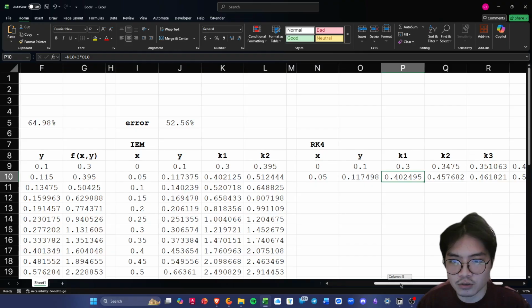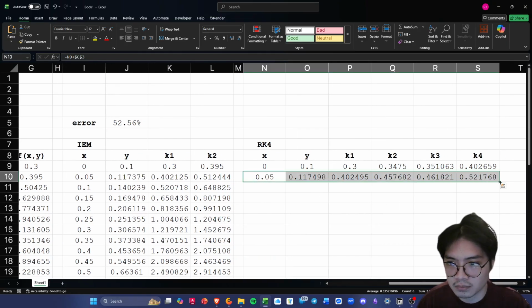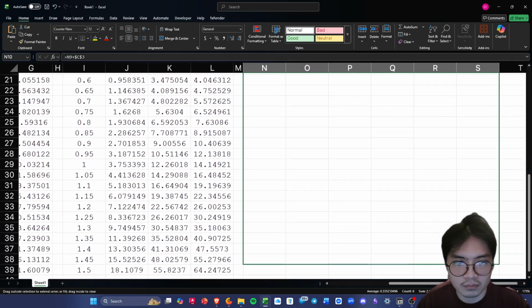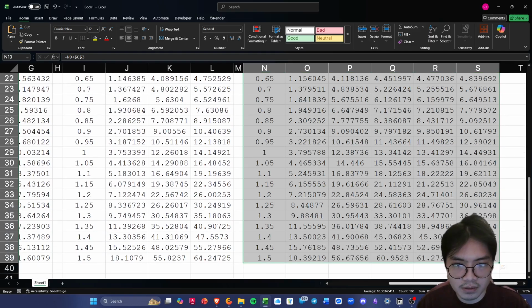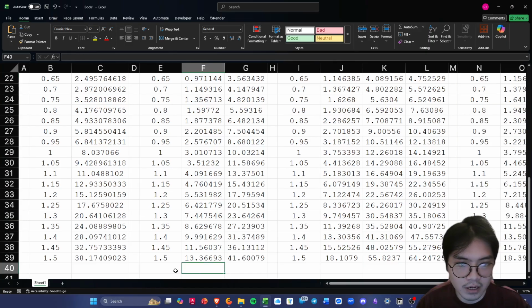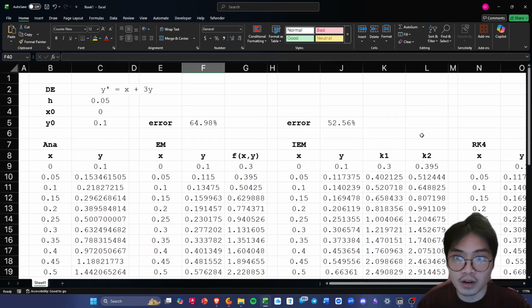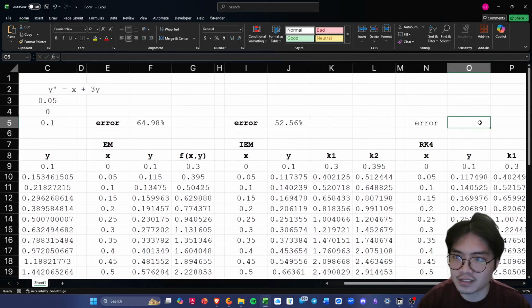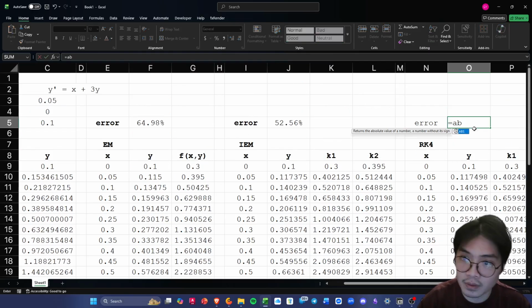And so we can drag this down. See what happens. And so perhaps this 52.56, let's try it now here.